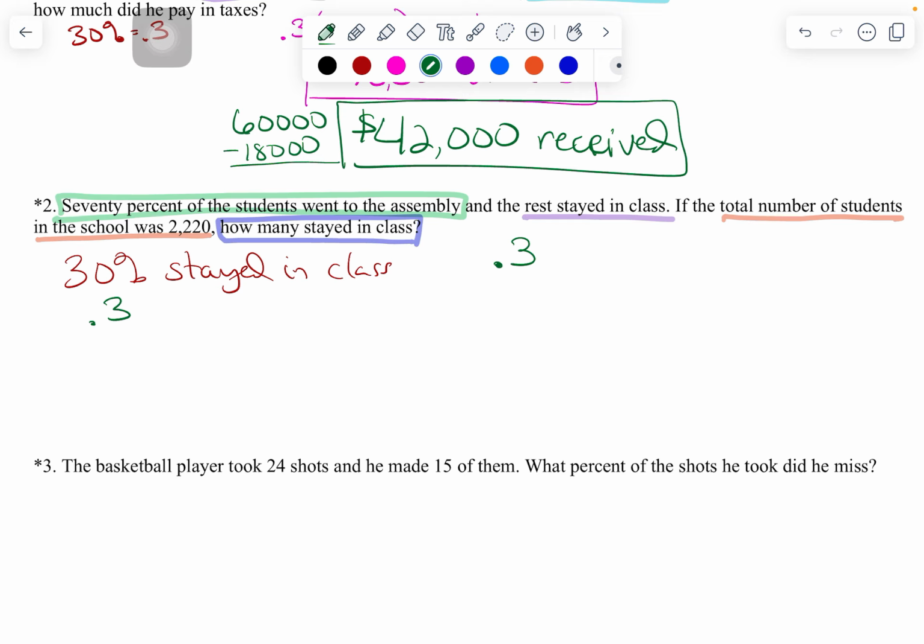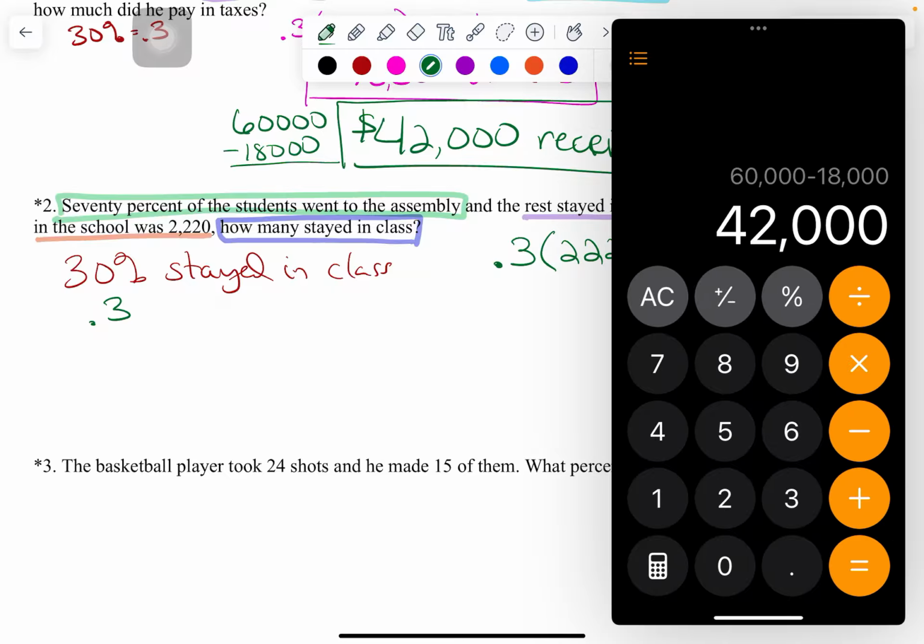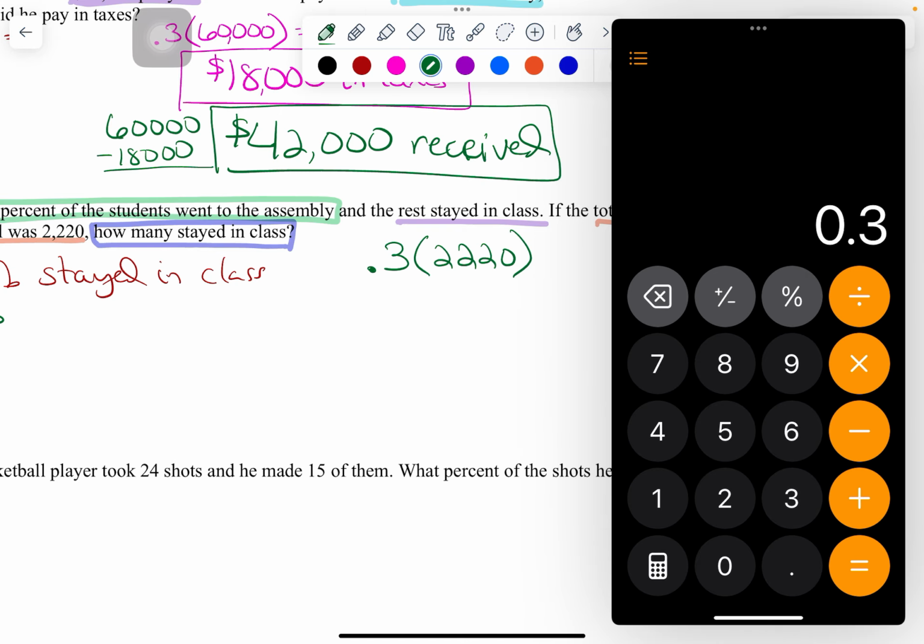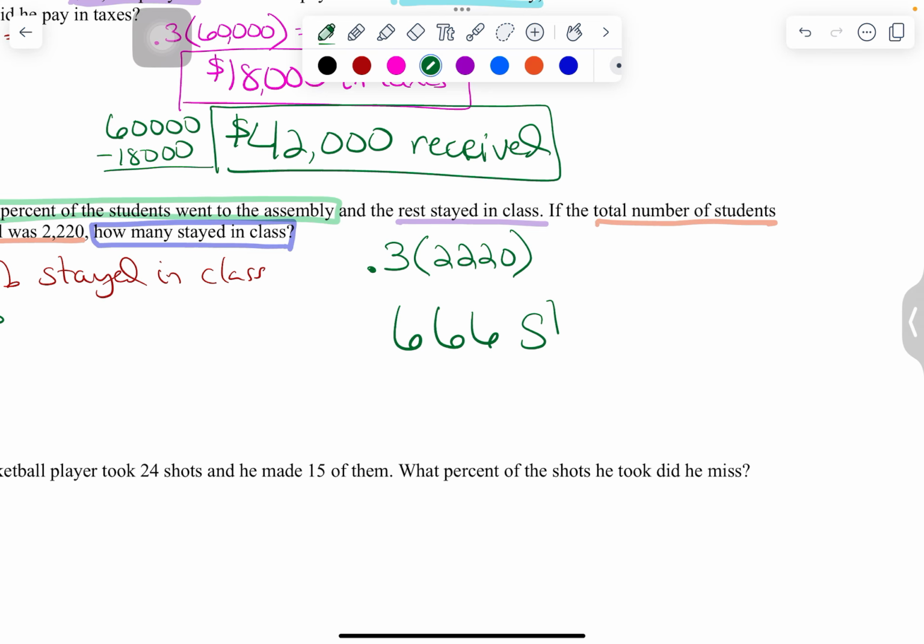So 0.3 times 2,220 students. Grab that calculator back, because that's not happening in my head tonight, or really any night for that matter. So 666 students stayed in class.